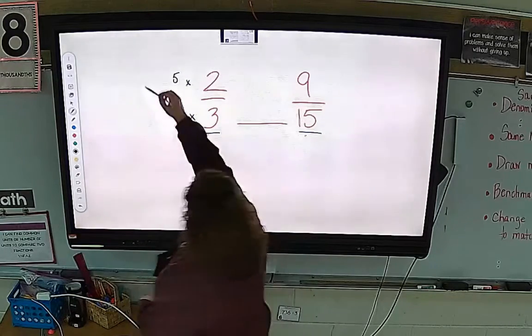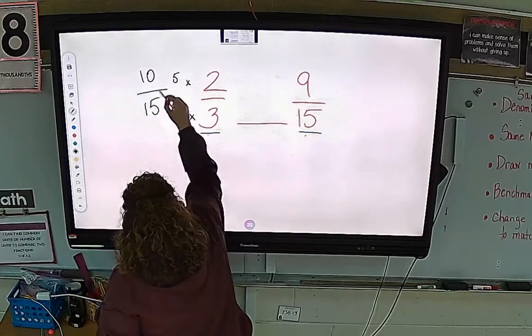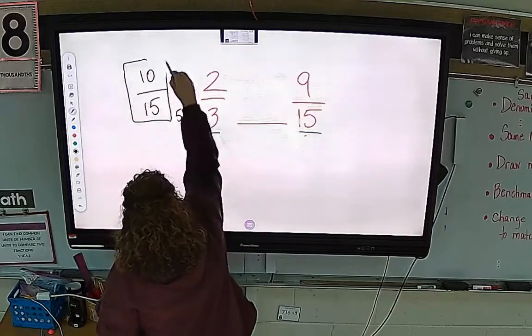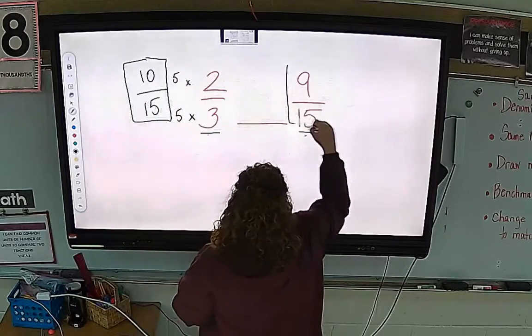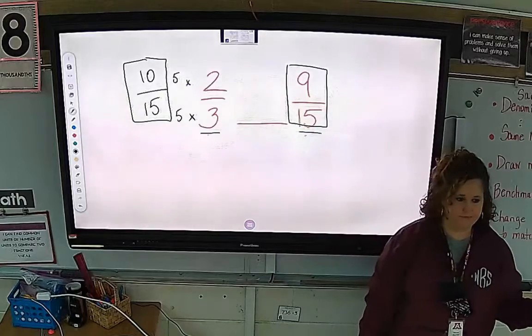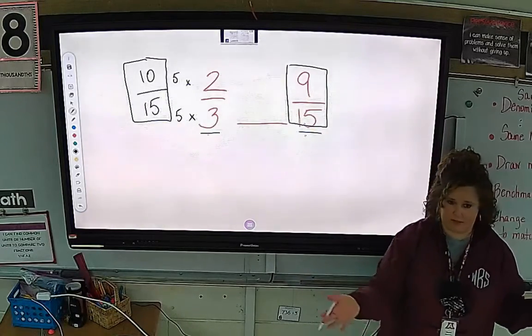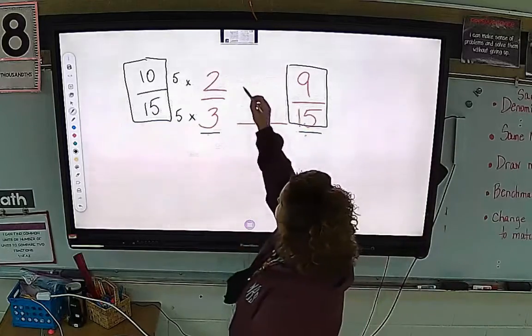And my new fraction will be 10/15. So we have 10/15 and we have 9/15. And wow, that just became super simple. Which one is larger, 9/15 or 10/15, everybody? 10/15. For sure, this right here.